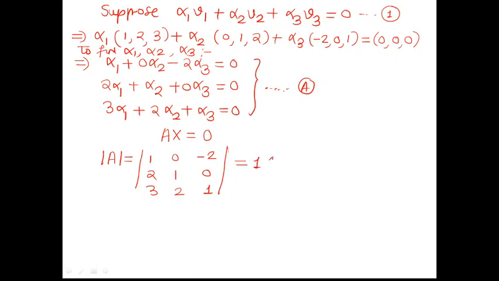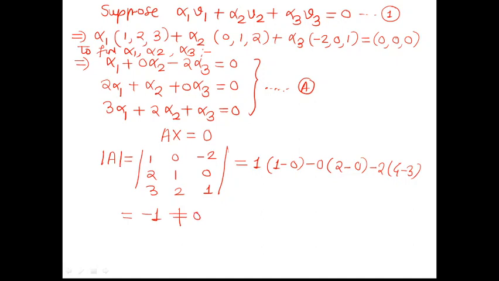So the determinant of A, after simplification, is 1 into (1 minus 2 into 0), then minus 0 times (2 into 1 minus 3 into 0), then minus 2 into (2 into 2 minus 3 into 1), that is 4 minus 3. So I get the determinant of A as minus 1, which is not equal to 0.